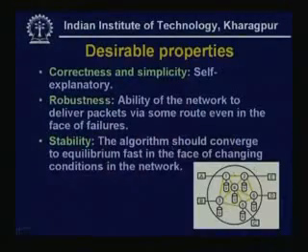In such a situation, suppose there is congestion in this part of the network. Then what can happen is that a particular station, or not one station, all the stations, can divert all the packets to another part of the network. Because of that, congestion may develop in that part of the network.